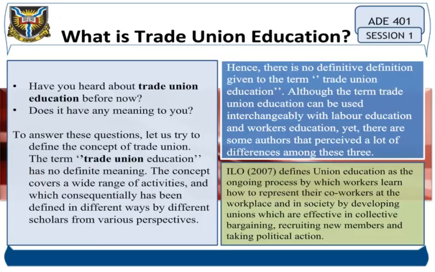Although the term trade union education can be used interchangeably with labor education and workers' education, yet there are some authors that perceive a lot of differences among these three. ILO 2007 defines union education as the ongoing process by which workers learn how to represent their co-workers at the workplace and in society by developing unions which are effective in collective bargaining, recruiting new members, and taking political action.